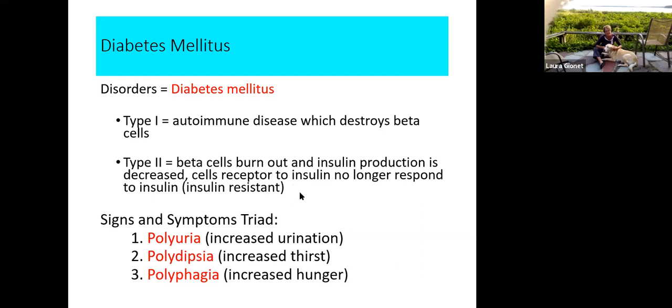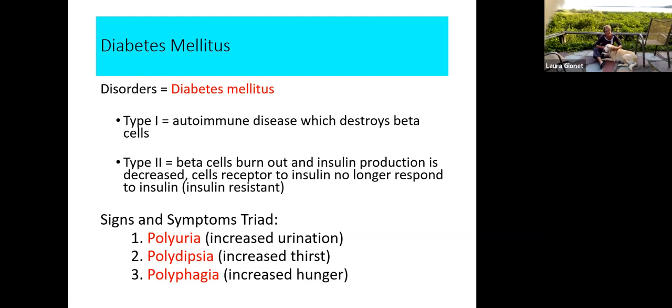And after a while, those beta cells kind of burn out and start to die off. If you change your diet frequently, you can address this. But due to a long history of elevated blood glucose levels, those beta cells start to burn out and some of them die off and they just don't produce insulin.